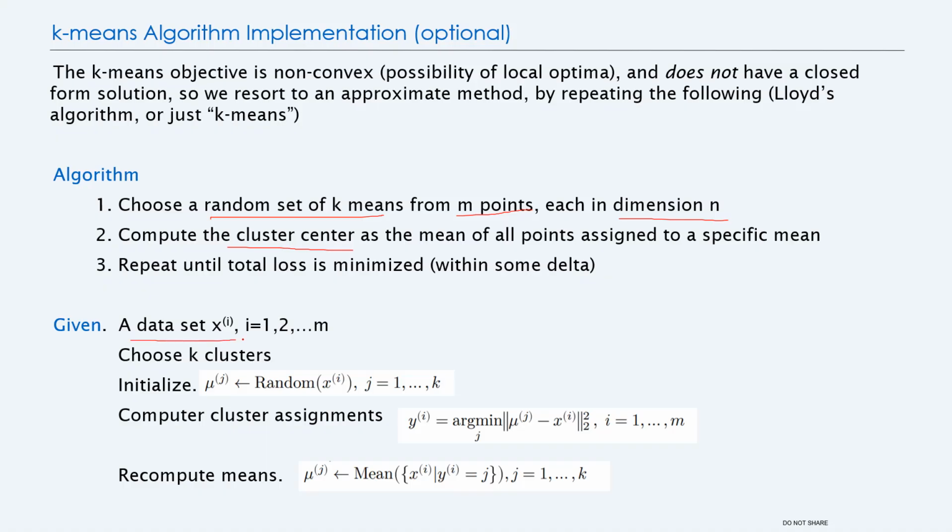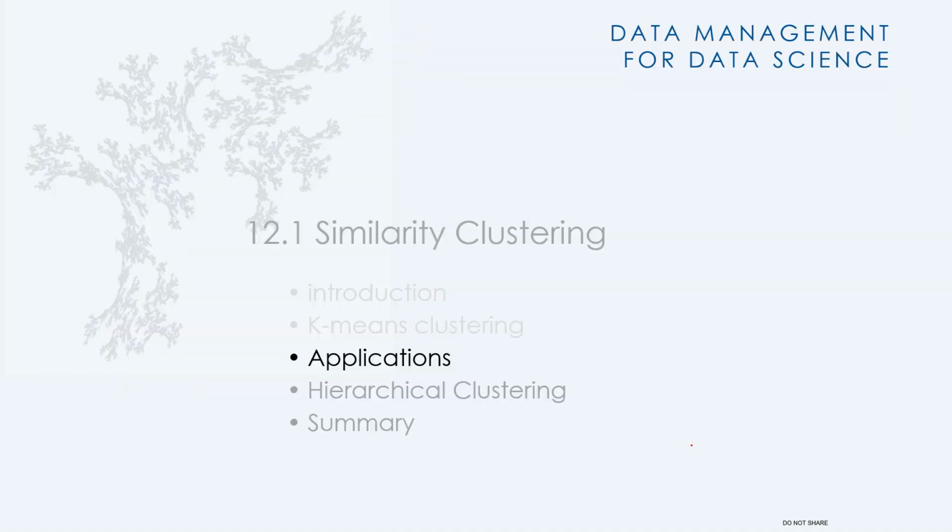So we have a data set of m things, we choose k clusters, we randomly pick k of those points to be the cluster means, and then we compute the cluster assignment. There's some math here that, let's not worry too much about, as long as you understand the process going on, right? In the next case, we will just talk about the applications of that.